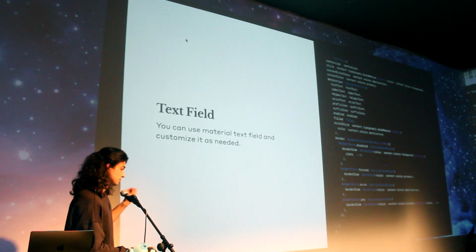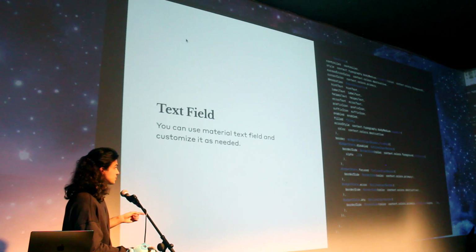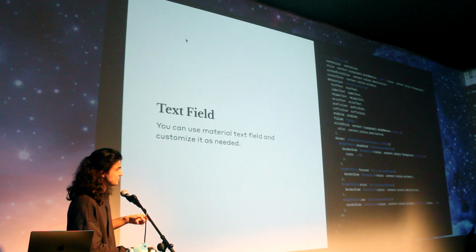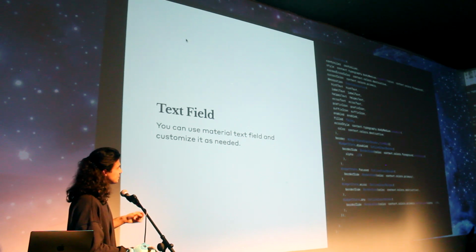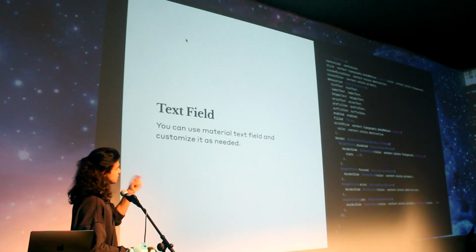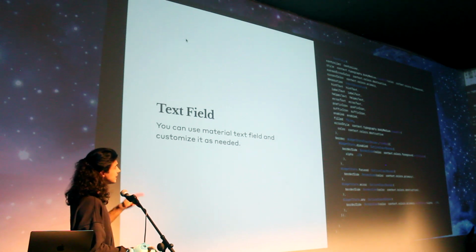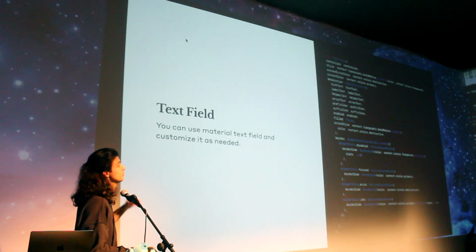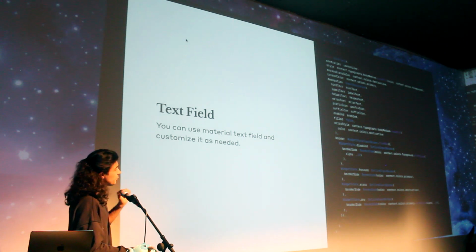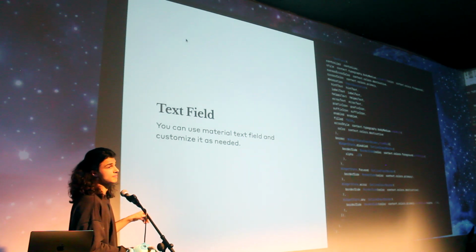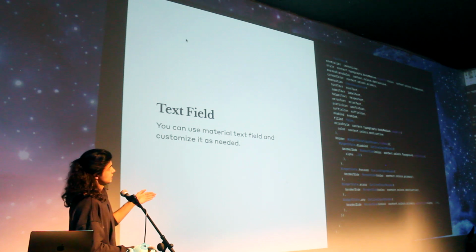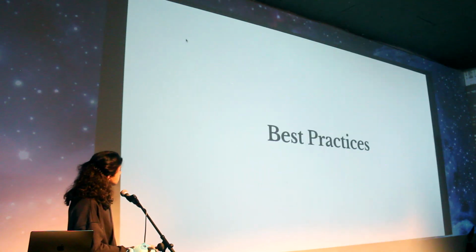But you should be cautious, because you need to pass such properties only in places that actually offer support for it. Otherwise, you will have some errors. So text field supports it, so that's great.